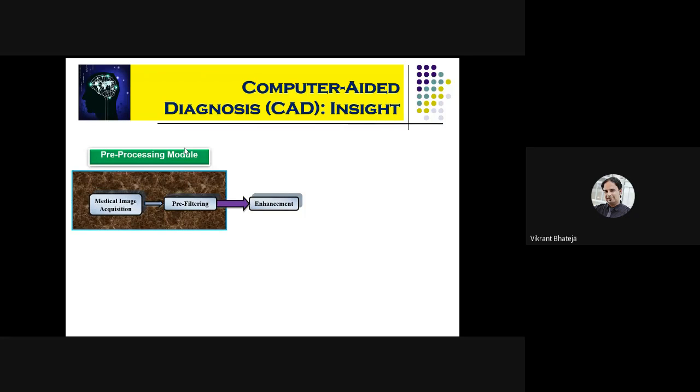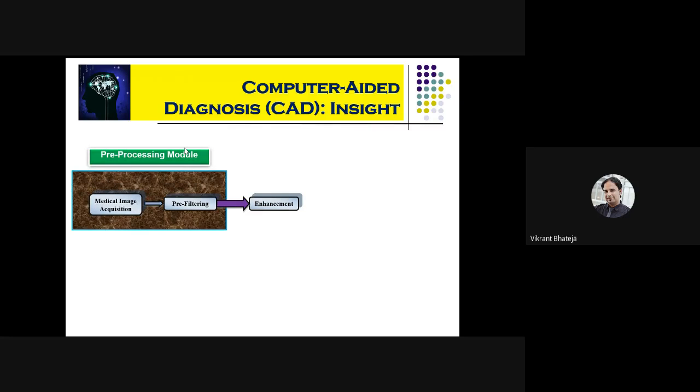The enhancement algorithm applied here may not be the same usual algorithm which gives very good results in conventional image processing, because when we apply such algorithms directly on medical images, we may not get results as good as on conventional images.